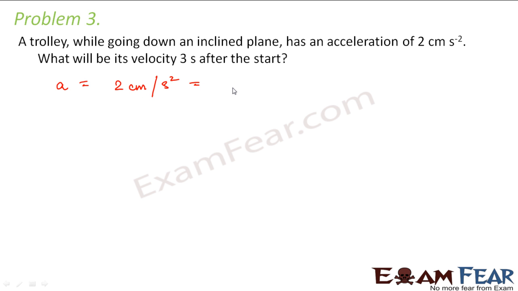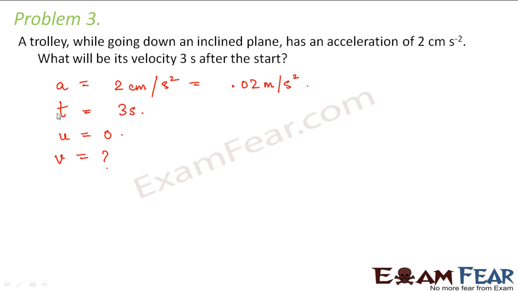If you convert it into meter per second square, it will be 0.02 meter per second square. So we have to calculate the velocity after 3 seconds. Time will be equal to 3 seconds after the start. That means the trolley had just started moving, so its initial velocity is 0. We have to calculate the final velocity.